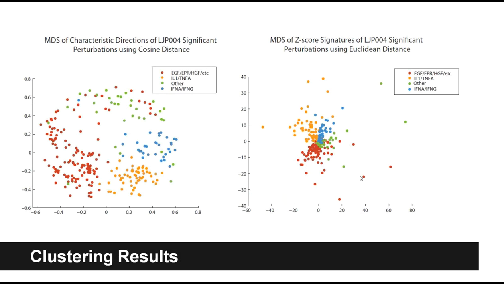So we did some benchmark in comparing the results of constant distance and the moderated Z-score signatures provided by Broad. So here we pick all the significant perturbations from this perturbation group.